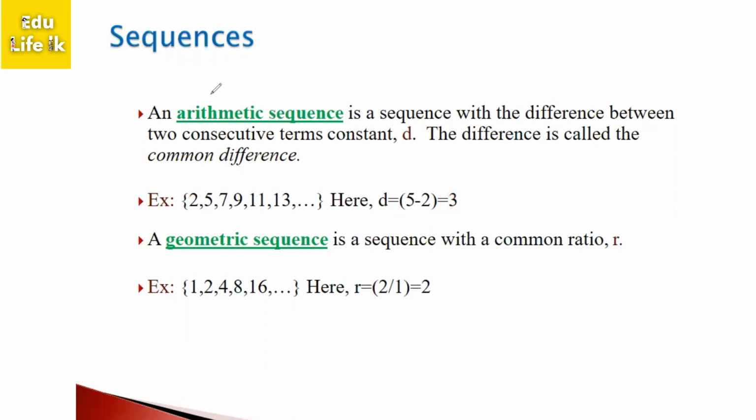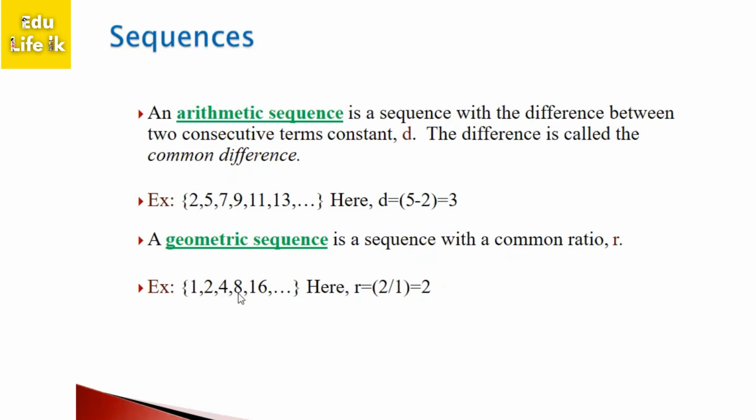When you consider a geometric sequence, there is a common ratio, not a common difference. So how do you get the common ratio? You have to get the quotient of two consecutive numbers. Divide the second term by the first term, the third term by the second term, and the fourth term by the third term.